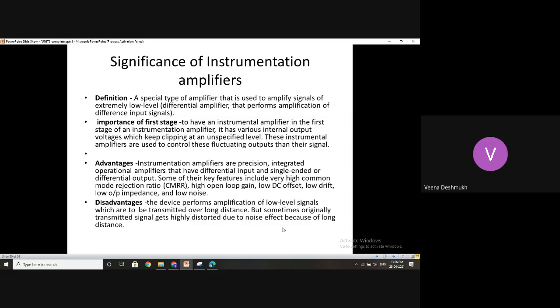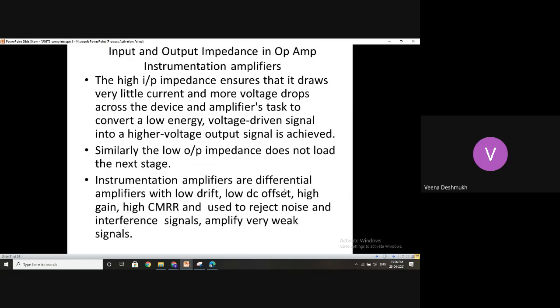So with this understanding of instrumentation amplifiers, we'll see why and what are the basic qualities of these instrumentation amplifiers, or rather the op-amps which are used in instrumentation amplifiers.